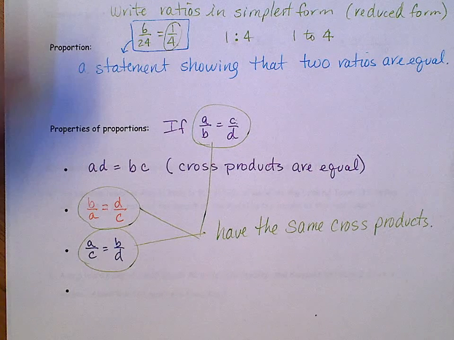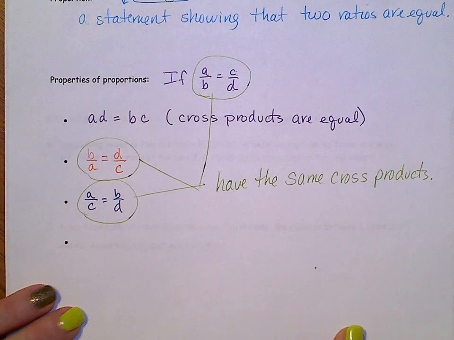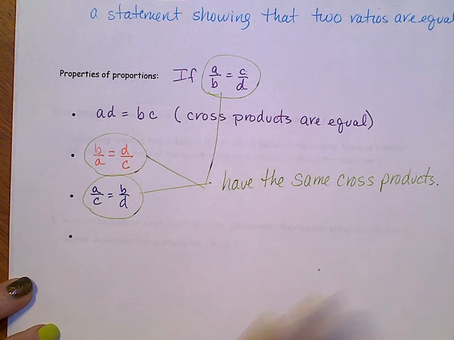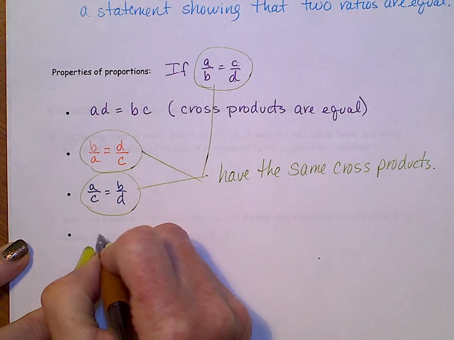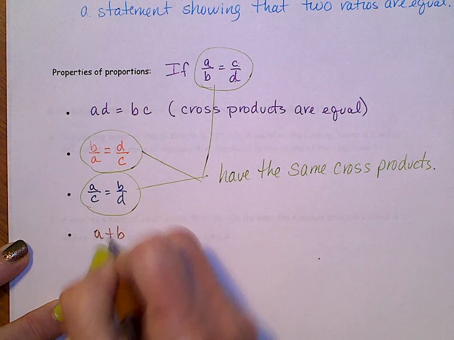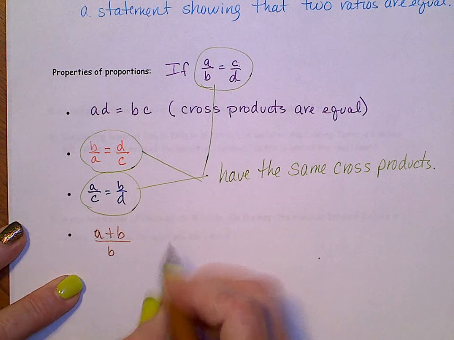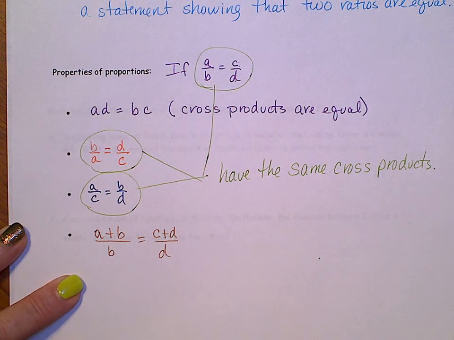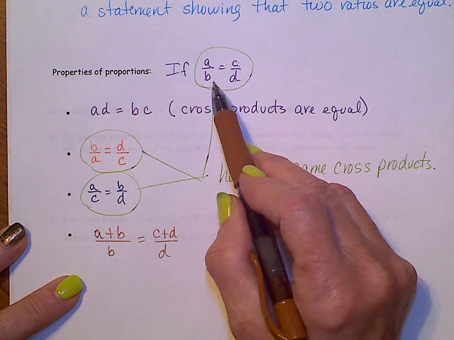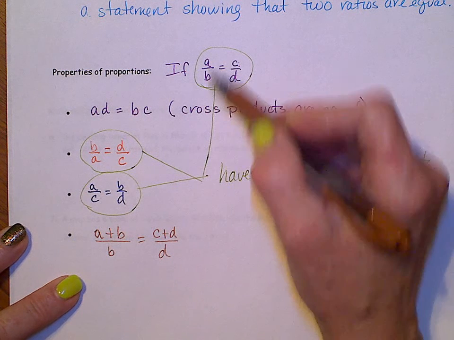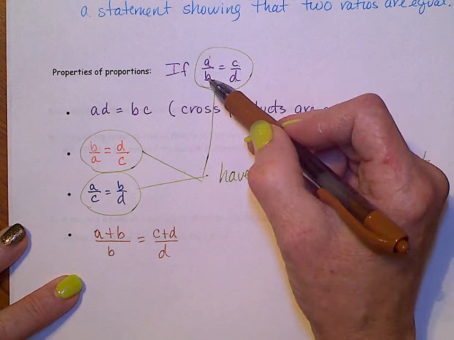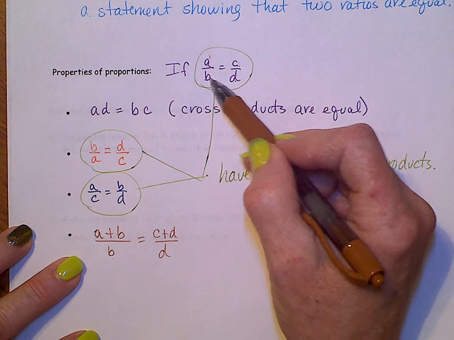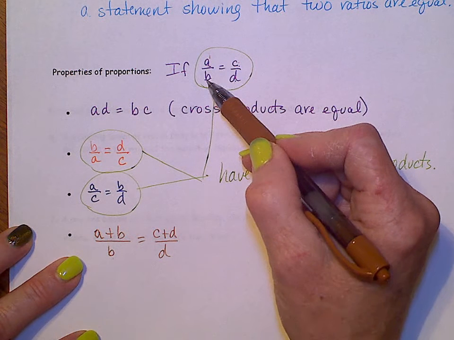All right, there's one more property, and it's not as easy to see as these. If we take a look at that property, here's what it says. A plus B over B equals C plus D over D. So first I want you to look at what I did to get from this left side, A over B, to A plus B over B. I took this denominator and added it to the top and kept the denominator the same.